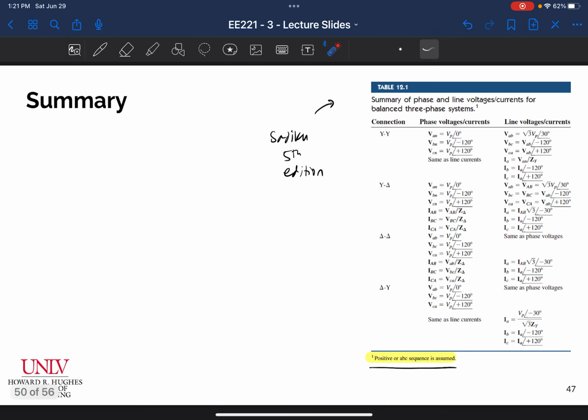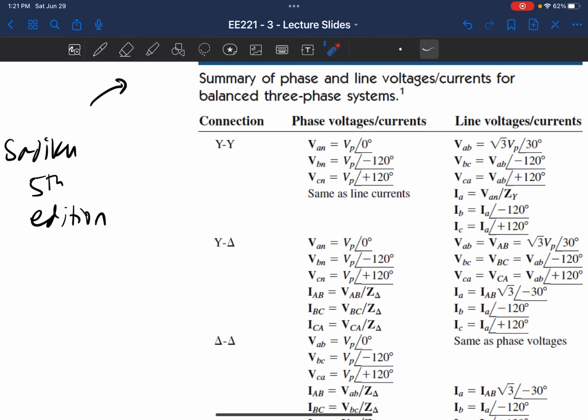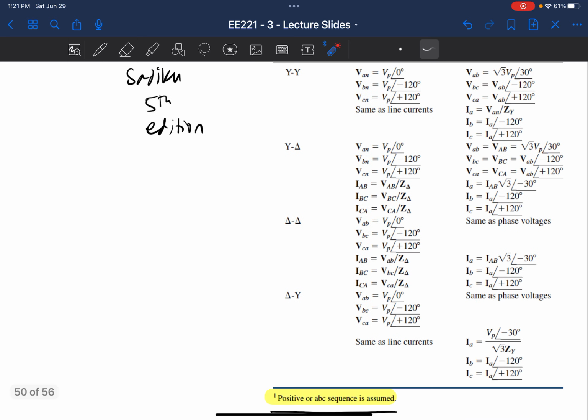If we look at a Y to Y system, it's saying that if I have my VA to neutral with a magnitude of VP, my line voltage VA to B is going to be √3 times larger with a phase shift of 30 degrees. So if I want to go from delta to Y, I can basically just undo that process.